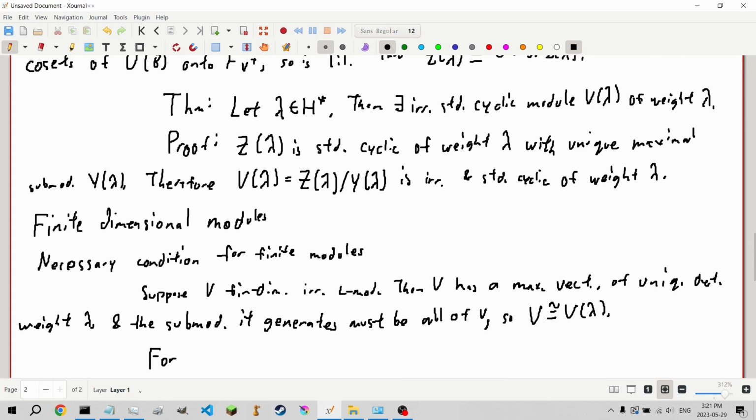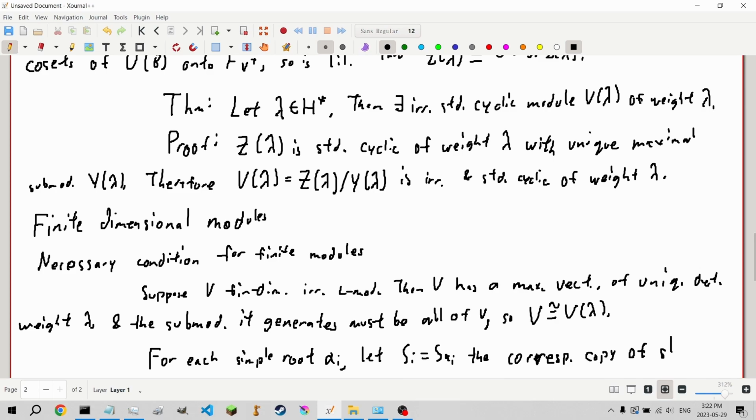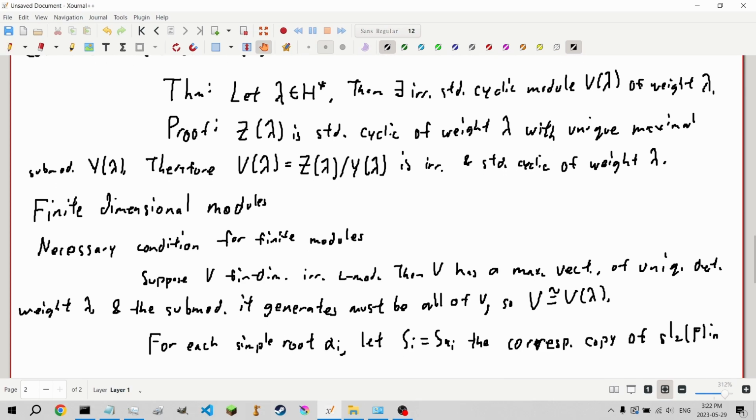For each simple root alpha i, let Si, or alternatively S alpha i, be the corresponding copy of SL2F in L. Yeah, corresponding is important in this one.